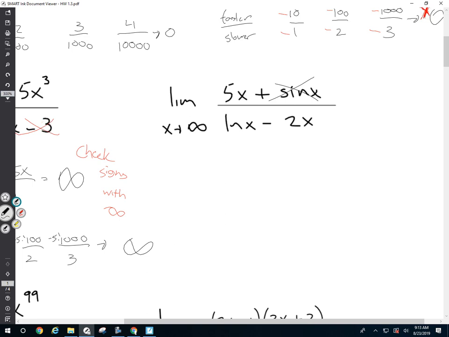It is the inverse of e to the x, which grows exponentially quickly. Log x grows slower than 2x. This is gone. So, in this situation, the algebraic way is probably the easiest way to find the answer because we notice that the growths cancel. If you have the same growth divided by the same growth, you end up having the coefficients of the growth.